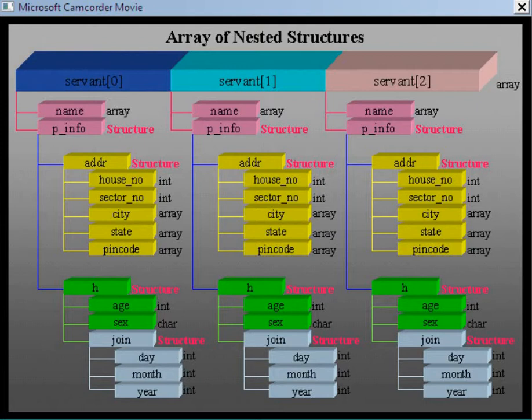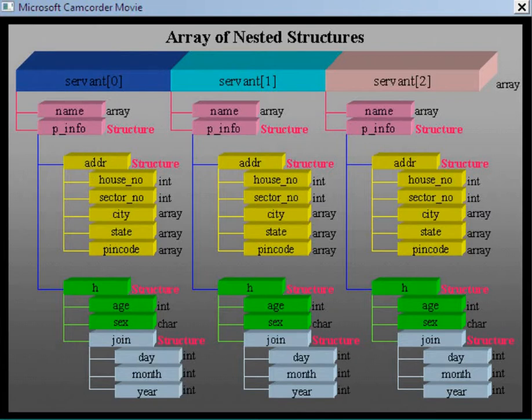Similarly, if you want to access sector number, then we should write servant[0].pinfo.addr.sector number. If you want to access pin code, then the way is servant[0].pinfo.address.pin code.